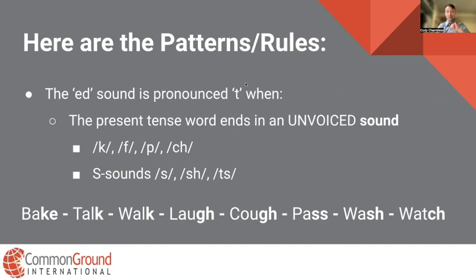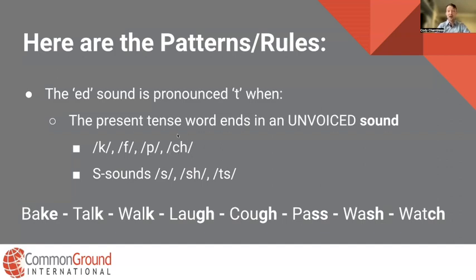So for example, if you notice the t sound comes out of my mouth, it does not come from my throat. So t is an unvoiced sound. Same thing with k, ch.